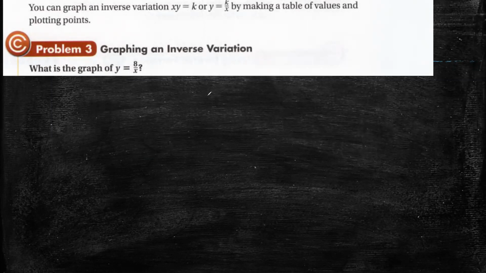Let's remember, since 8 is greater than 0, the graph will be in quadrant 1 and in quadrant 3, since k is positive. This is the first step. The second step, be careful. It must not intercept the x-axis or the y-axis. So let's graph it now.